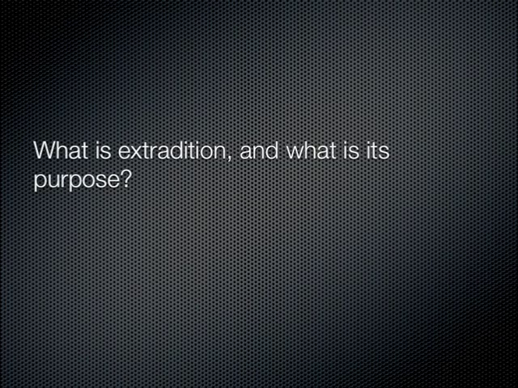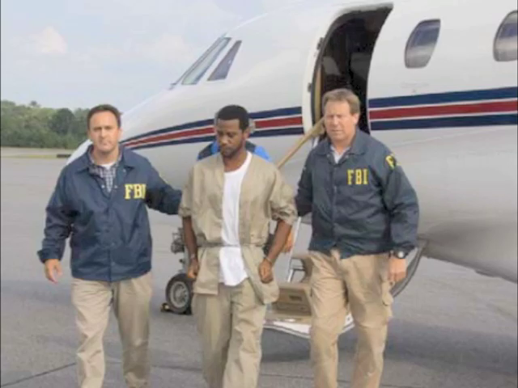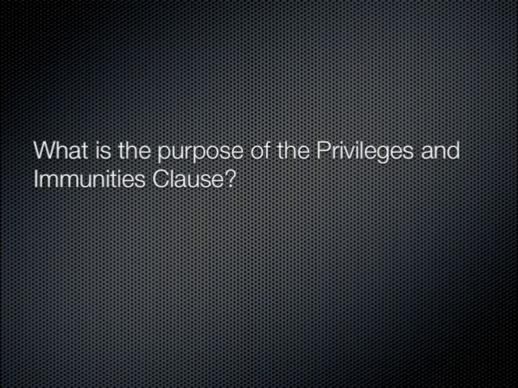What is extradition? Extradition is the legal process of returning a fugitive back to the state where the crime was committed. What is the purpose of the Privileges and Immunities Clause?